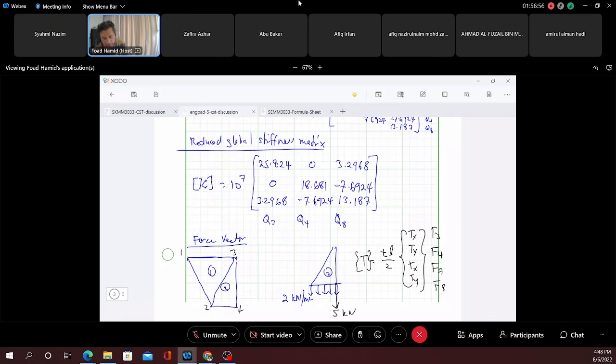Note that the total force here is 2 kilonewton per meter square times 0.5 meter times 20 times 10 to the minus 3 meter thickness. And this cancels out. 2 times 5 is 10, times 2 is 20 kilonewton, right?